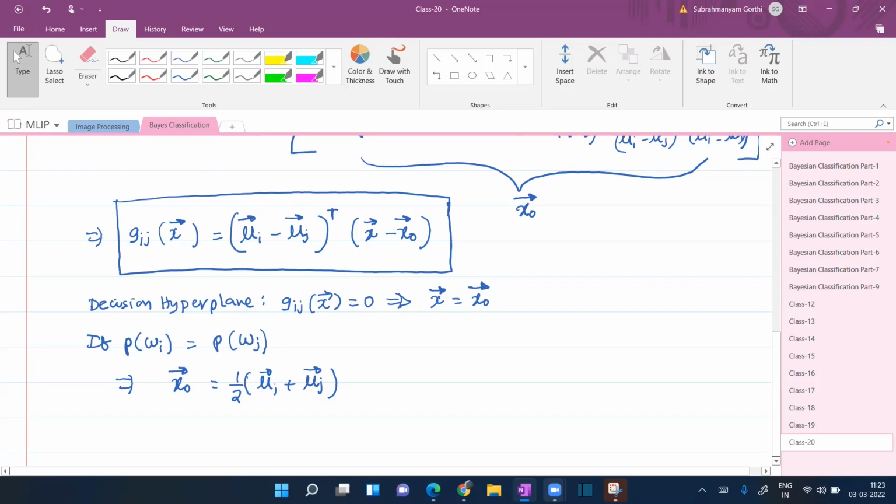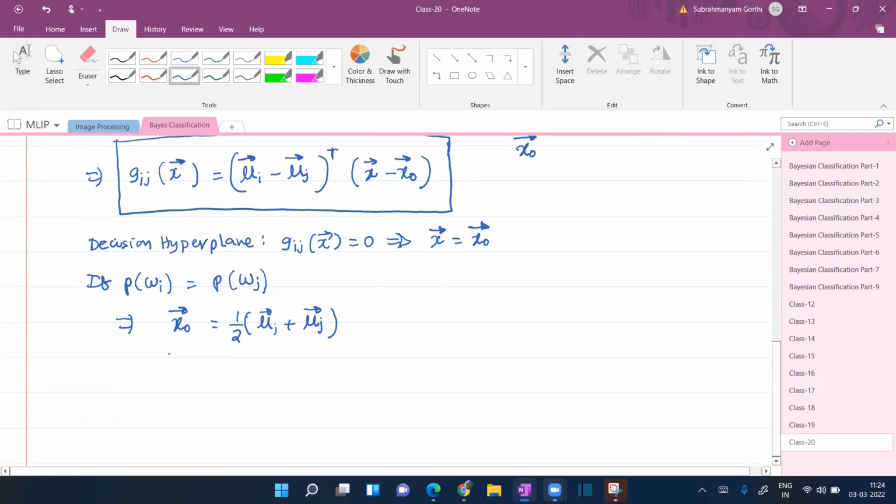Okay. Hope you could now correlate this with earlier examples that you did with the Gaussian distribution. If you recollect, we solved a couple of examples where we assumed the same variance, and if I remember correctly, in that example one of the means was at 0 and another at 1, a one-dimensional case, and they intersect at 1 by 2, or if it is 0 and 2, it would intersect at 1, because you could see here the decision plane would be in between.